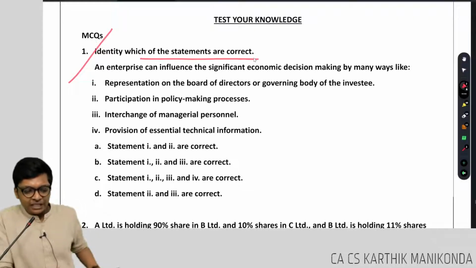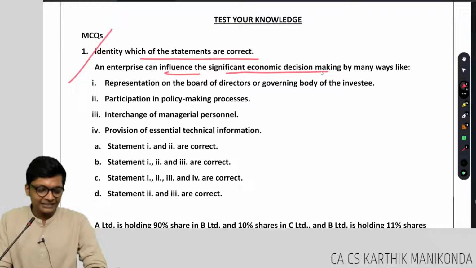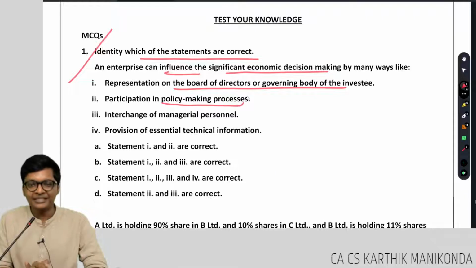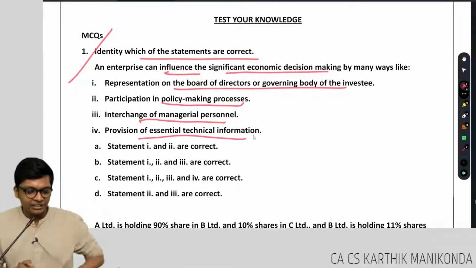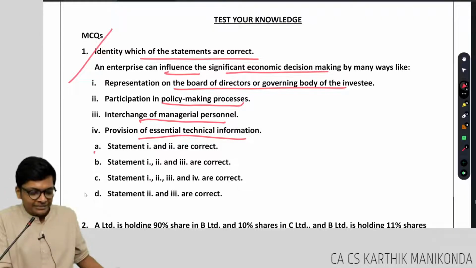Identify which of the statements are correct. An enterprise can influence significant economic decision making by many ways, like representation on the board of directors or governing body of investee, participation in policy decision making, interchange of management personnel, provision of essential technical information. Answer: A or B or C or D?